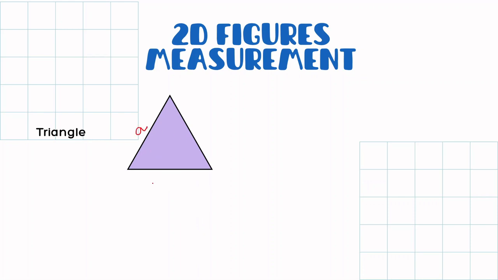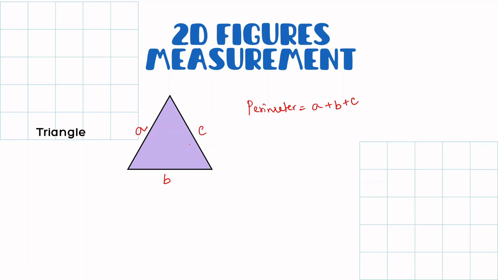The perimeter of the triangle is, if the length of this side is A, the length of this side is B and the length of the third side is C, then the perimeter is A plus B plus C.